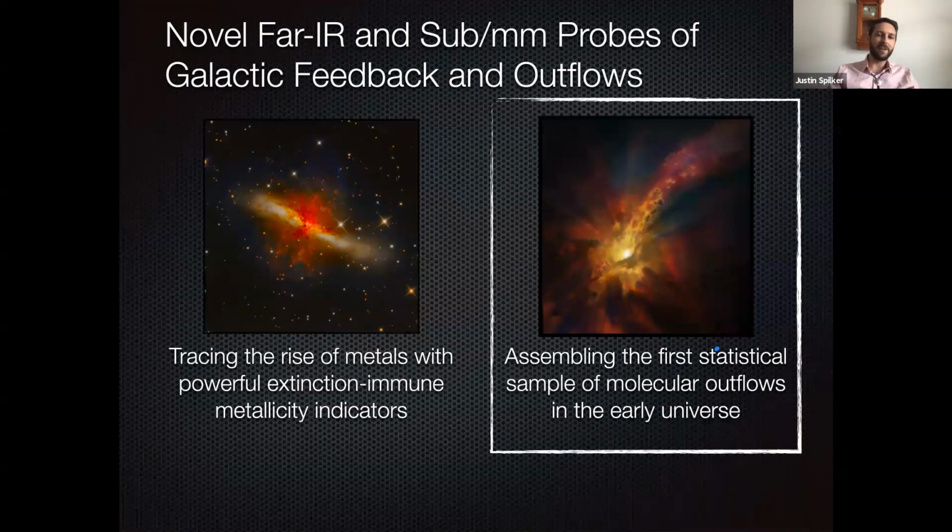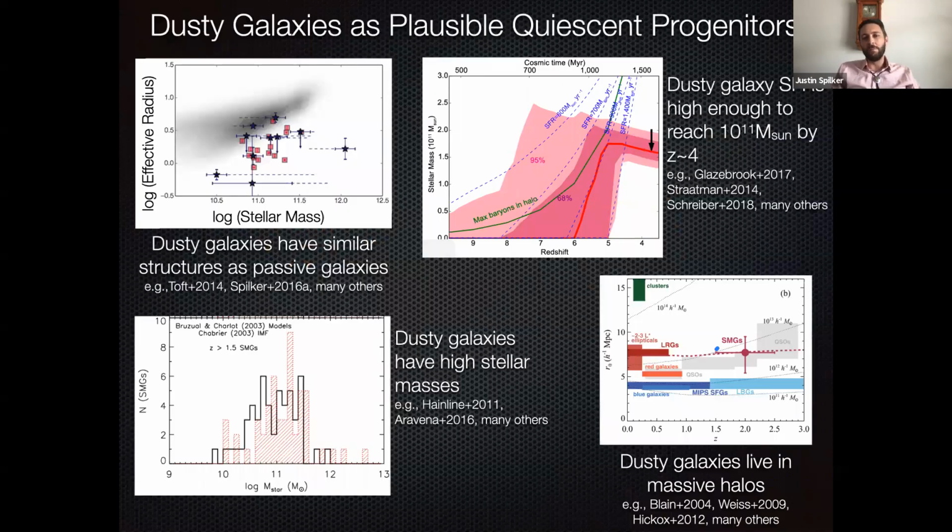These dusty galaxies are interesting because, from a lot of circumstantial evidence, we think they are going to be the progenitors of the very earliest quiescent galaxies. We now know, through near-IR surveys from the ground, that quiescent galaxies exist already as soon as redshift 4. That's only 2 billion years after the Big Bang.